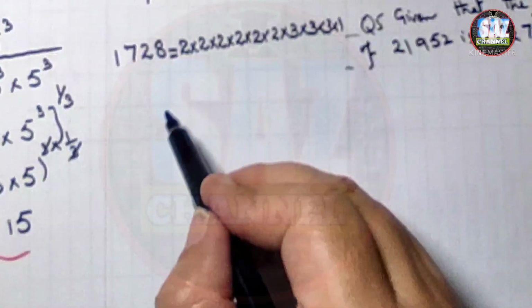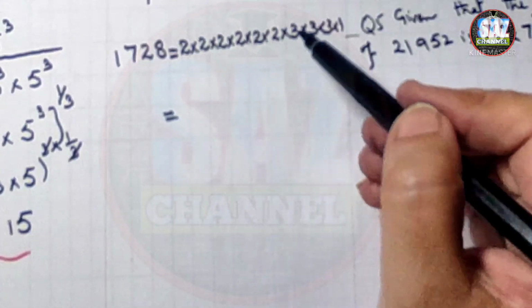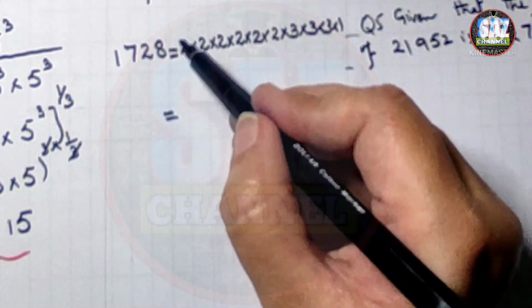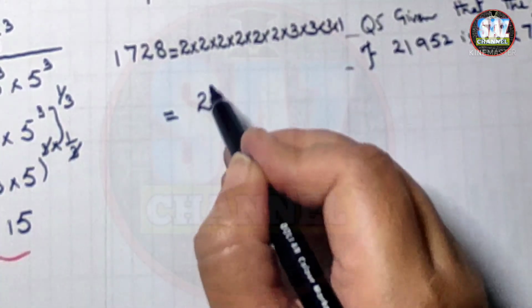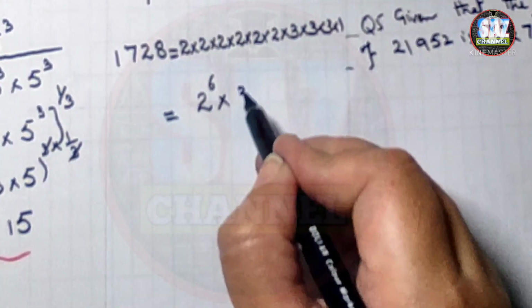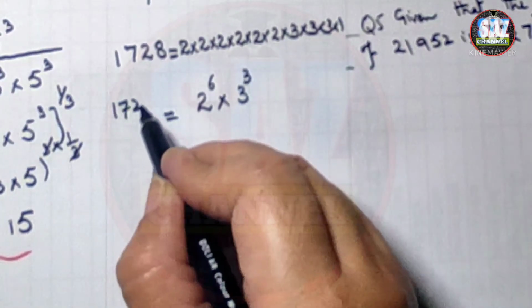Then we have to write all these factors in index notation in short form. 2 raised to power 6, and 3 is coming 3 times. That is 1728.